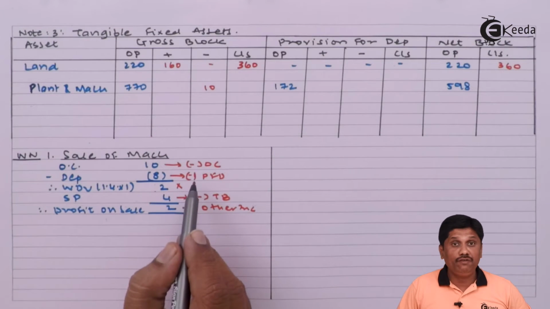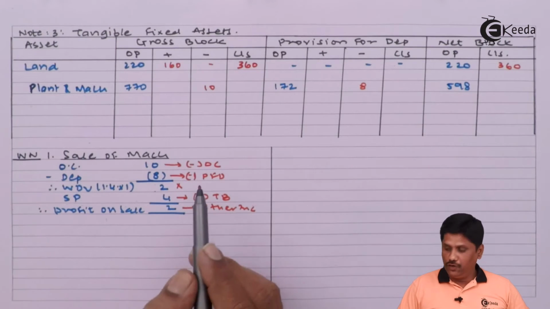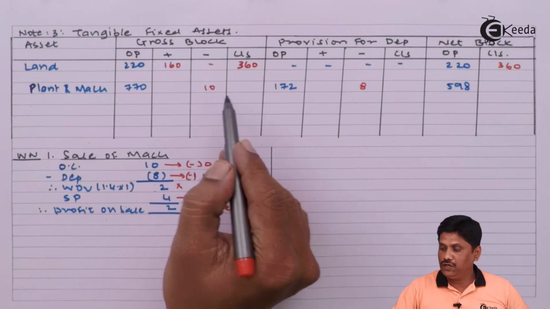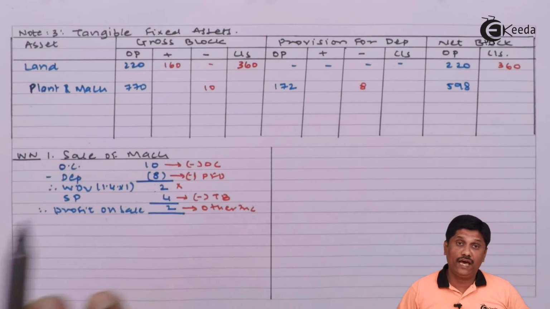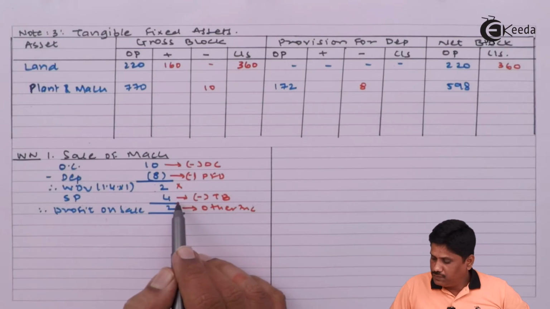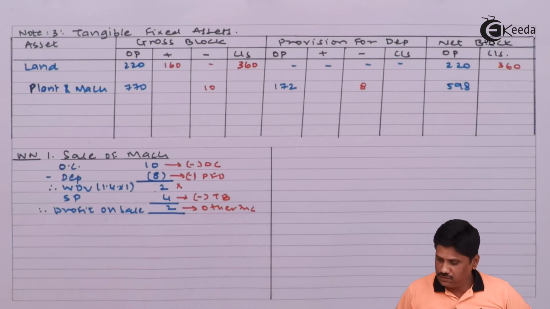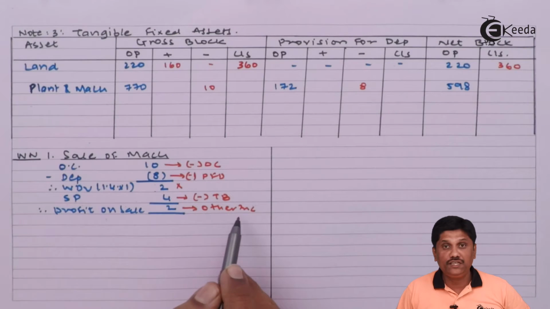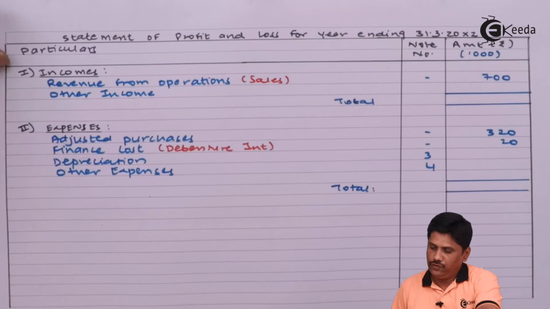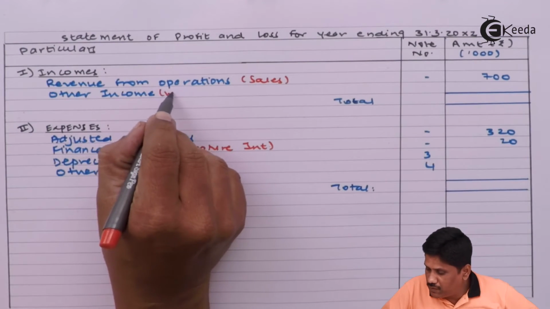Depreciation of 8,000 I will reduce from my depreciation provision. I need not consider the 2,000 WDV because when I consider original cost and PFD both, that means I have also considered my WDV. Selling price they have given you, 4,000, will be ignored from the trial balance, so let us ignore that. Profit on sale is your other income, so in the PL account its effect will come as other income. We have kept space for writing other income, so working note number 1.